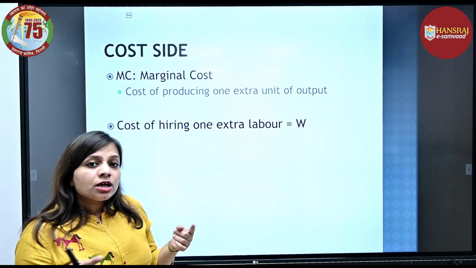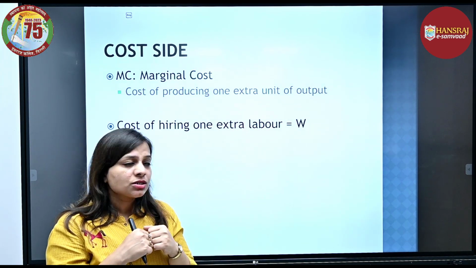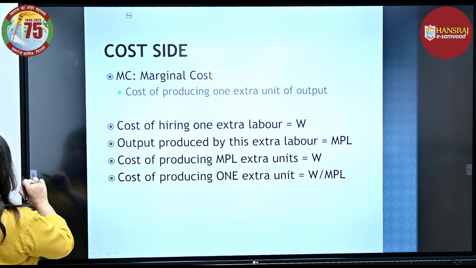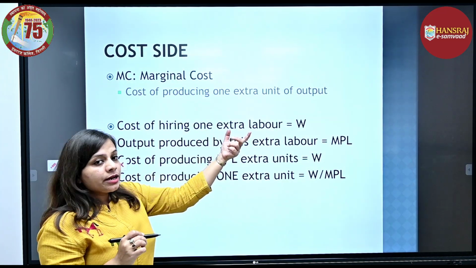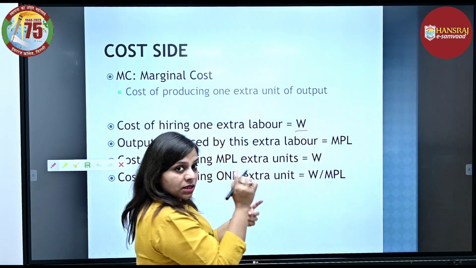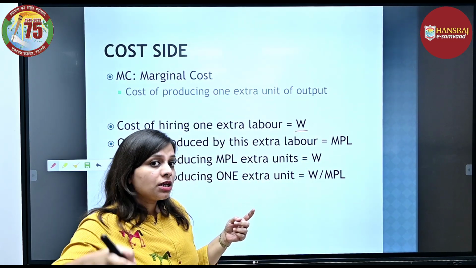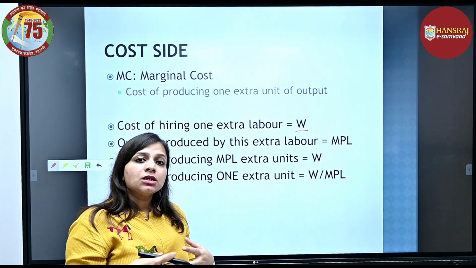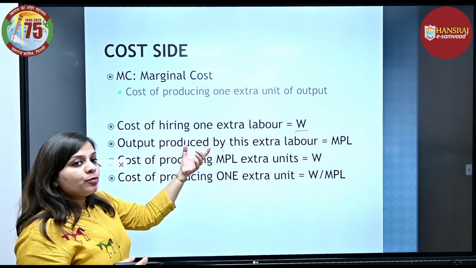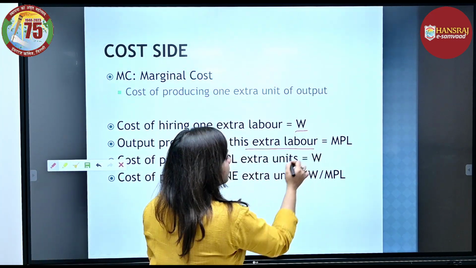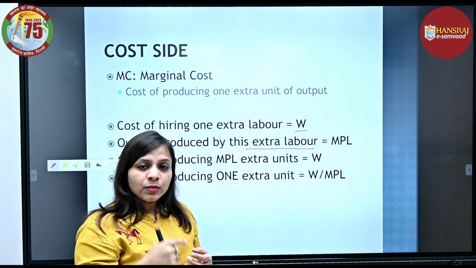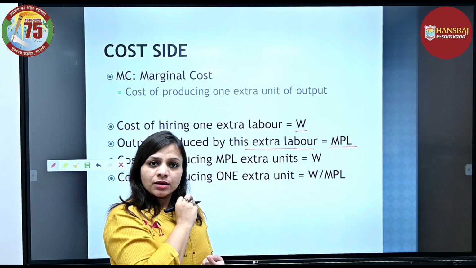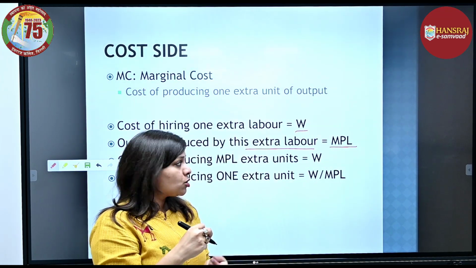अब कॉस्ट कितना जा रहा है, कॉस्ट तो जा रहा है जो लेबर को हायर करने में वेजेस गया, and that is nothing but coming over here. So over here cost of hiring one labor is W. This is the wages the firm is giving to the labor. इतना इनकर करके फर्म को कुछ आउटपुट मिल रहा है, and what is the output the firm is getting? That is the output that is being produced by this labor. फर्म ने एक लेबर को हायर किया, उस लेबर ने कुछ आउटपुट प्रोड्यूस किया, जो आउटपुट प्रोड्यूस किया that is MPL, और उस लेबर को हायर करने में कॉस्ट कितना गया?